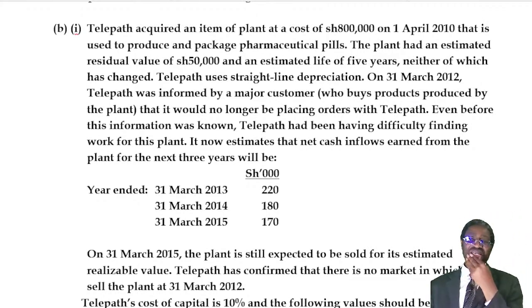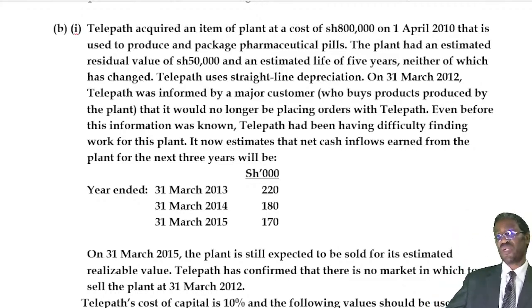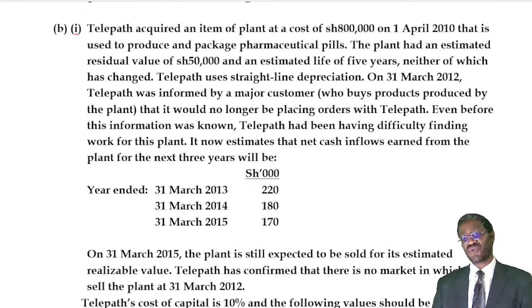We are told that we are projecting that we shall receive 220 by end of 31st March 2013, 2014, 180, 2015, 170. Next paragraph.